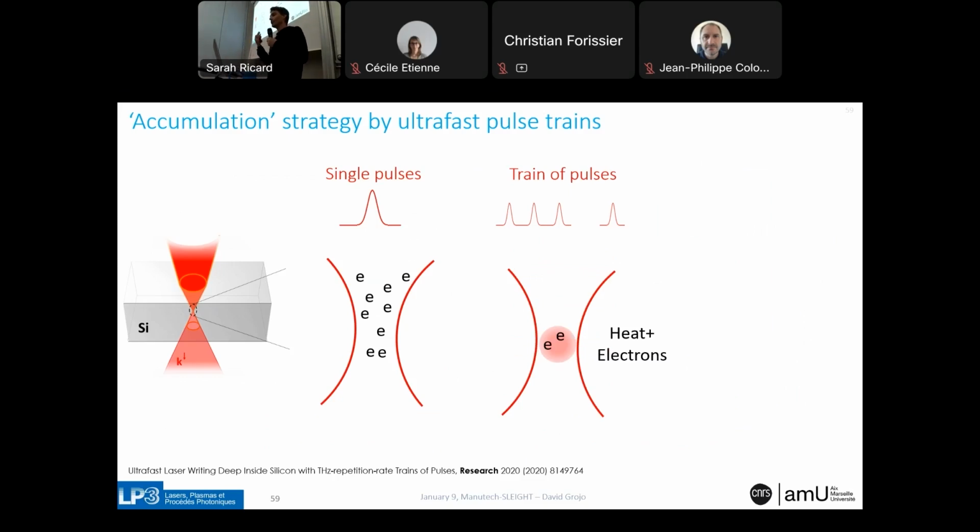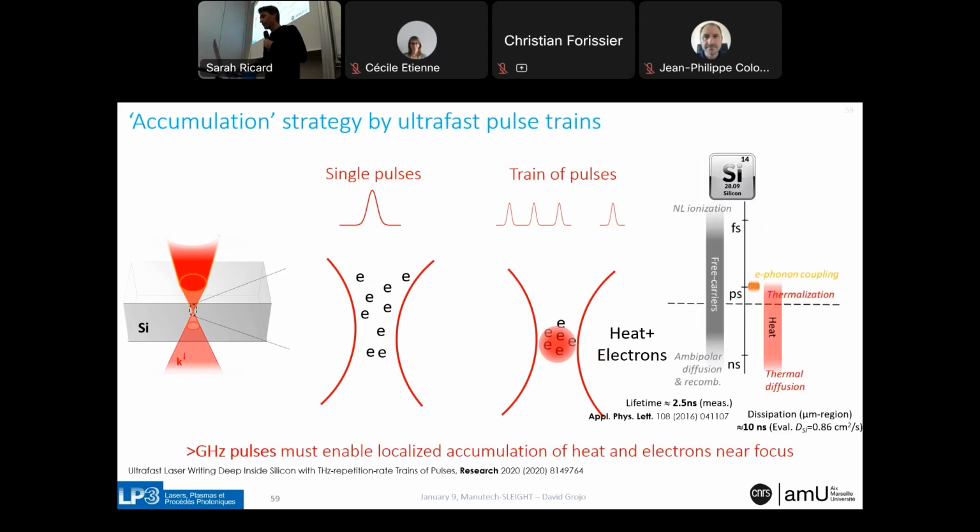So the idea was to say that if the pulse train can be fast and long enough, we may have a chance to accumulate carriers or heat at the focus until we observe the modification. To design the ideal train of pulses, we need a timescale analysis. That's the point where we had the pump-probe experiments to look at the free carrier lifetime. Typically we measure that the lifetime of this microplasma we create in silicon is 2 nanoseconds.